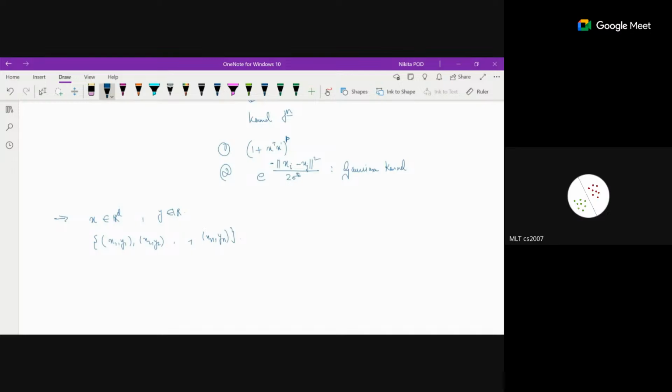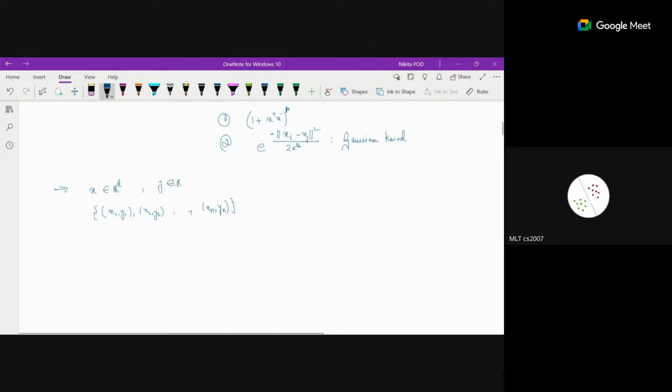And what we had assumed is that y given x follows w transpose x plus epsilon, and this epsilon is the noise, distributed as a normal distribution with mean 0 and variance sigma square, right?